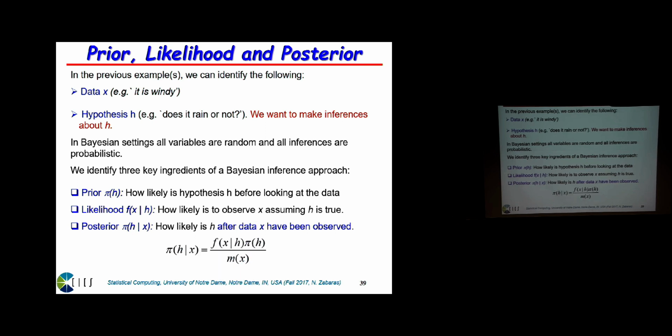So the posterior is a distribution. It's not a point estimate, like the maximum likelihood estimate. It's a full distribution, and a full distribution is much richer information than just a point estimate. Okay? So you may ask me why I use all these different symbols, pi, f, etc. It depends on what book I was reading when I was writing these slides.